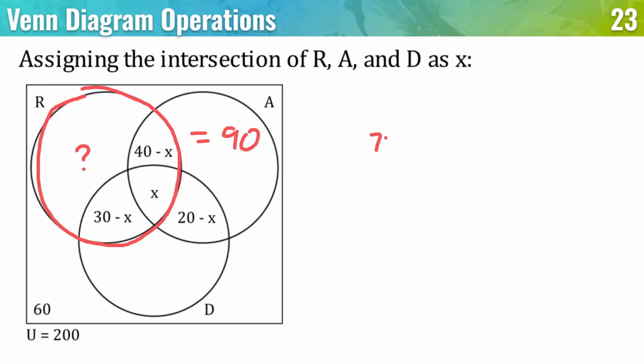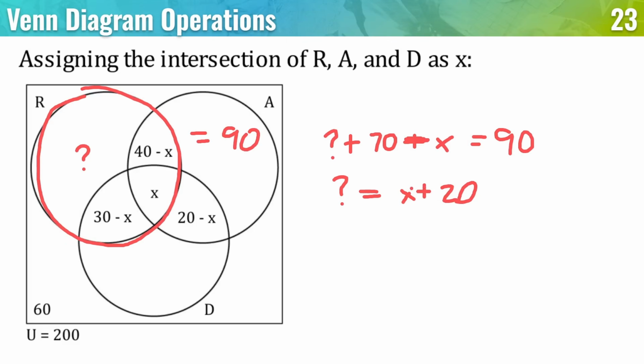So we have 70 minus X, is equal to 90, plus this unknown area. So we do know that this unknown area is going to be 90 minus 70, which is 20, plus X. So we don't know its exact value yet, but we now have a clue on what it is. So this area is going to be X plus 20.